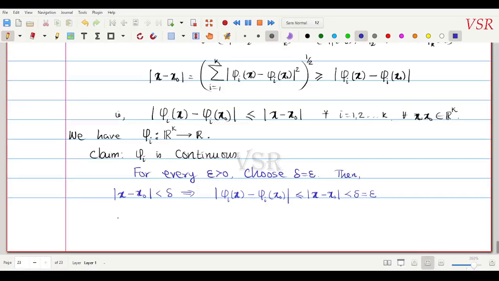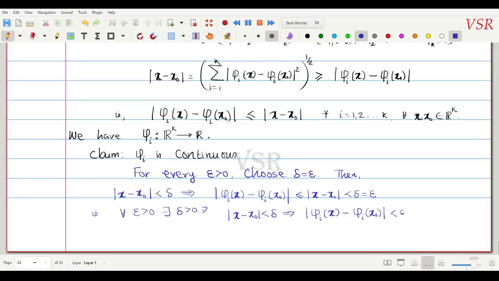That is, for every epsilon positive, there is a delta positive such that modulus of x minus x naught less than delta implies modulus of phi i of x minus phi i of x naught is less than epsilon.